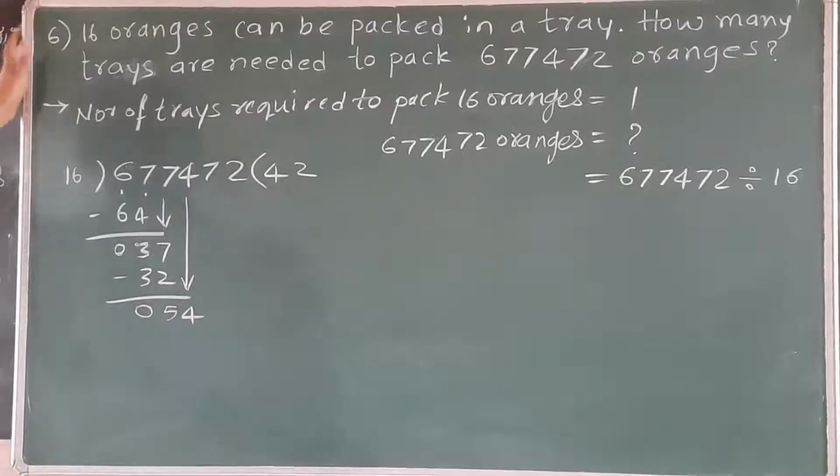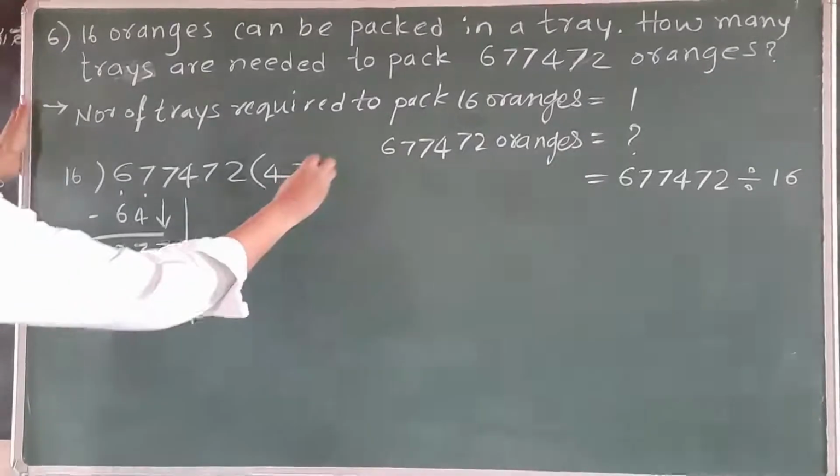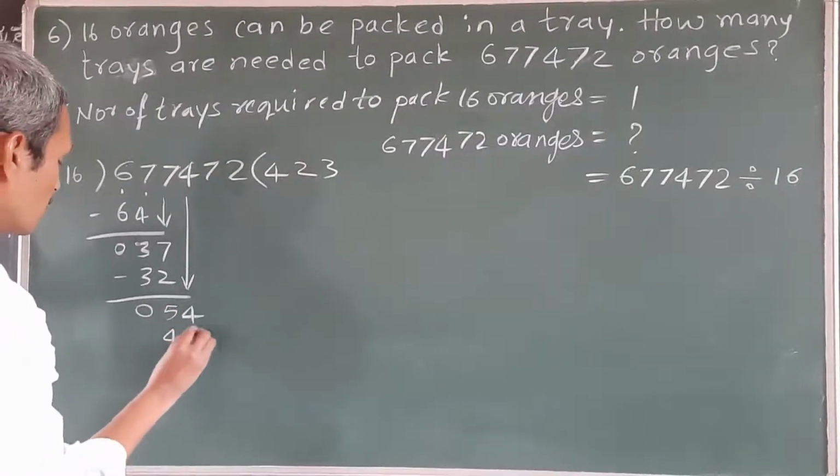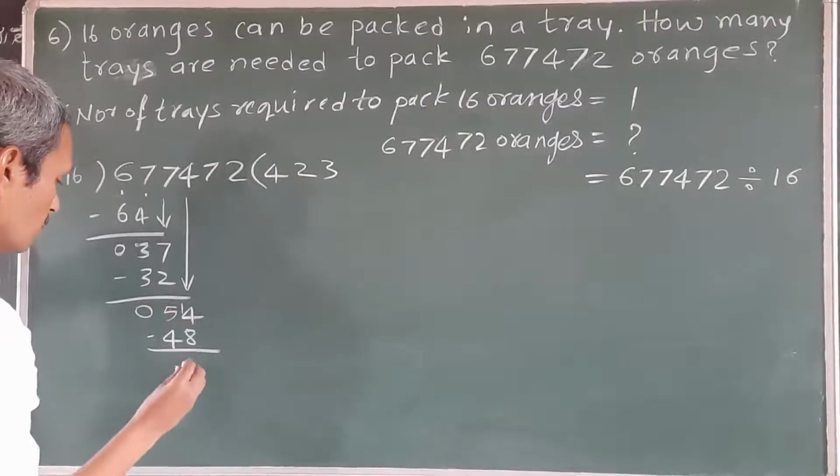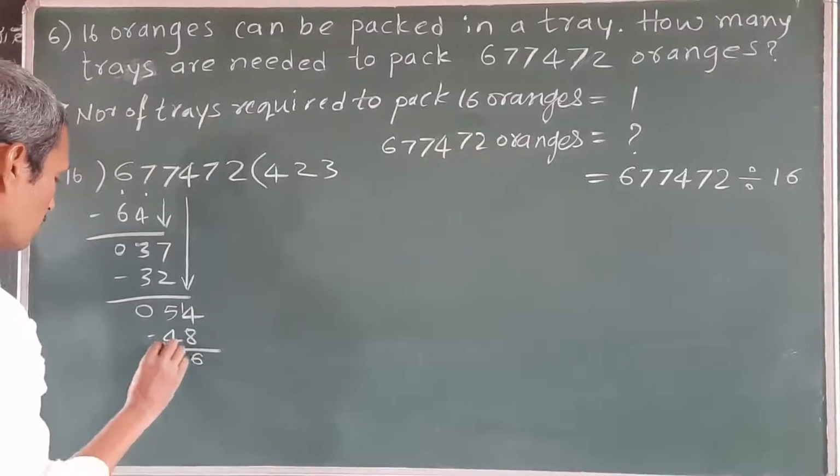Now take this one down, it becomes 54, and 16 threes are 48. 54 minus 48 is 6, 0.